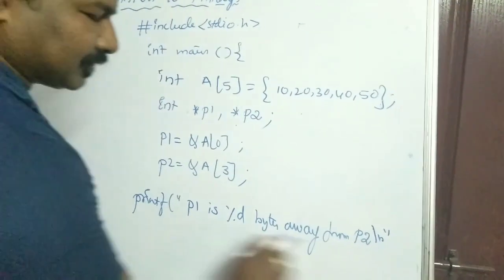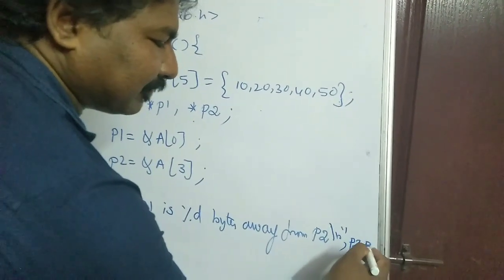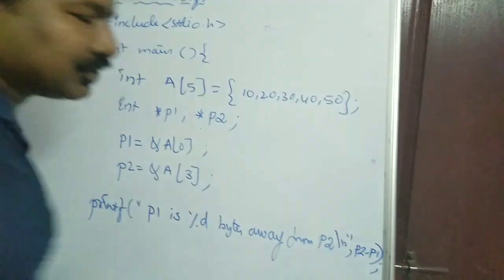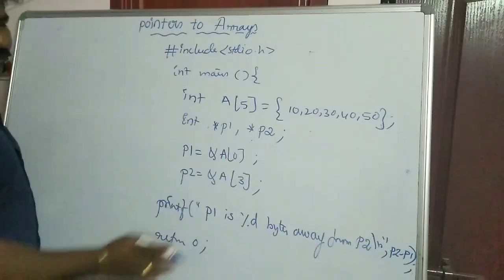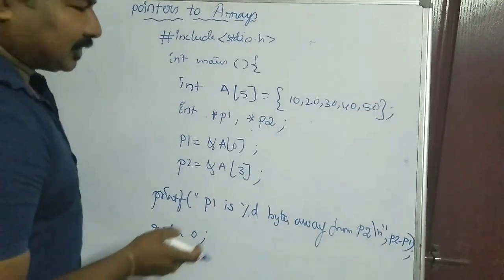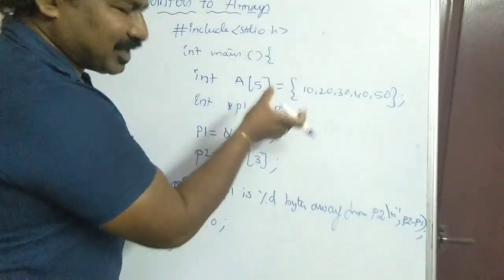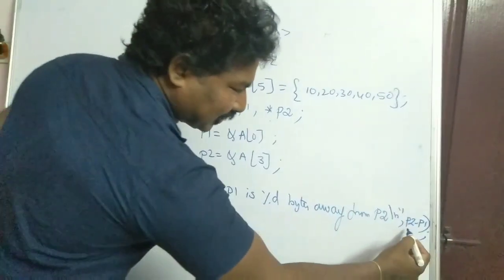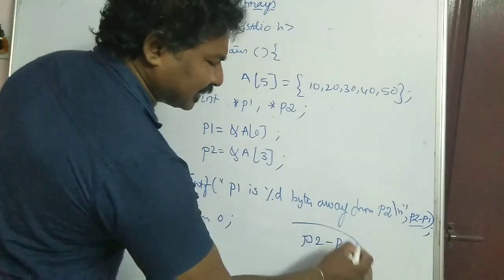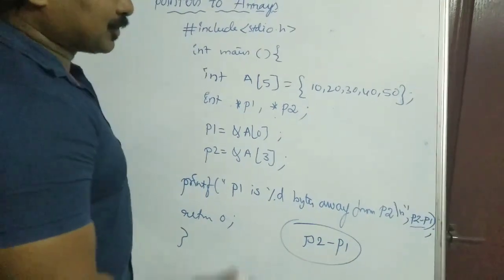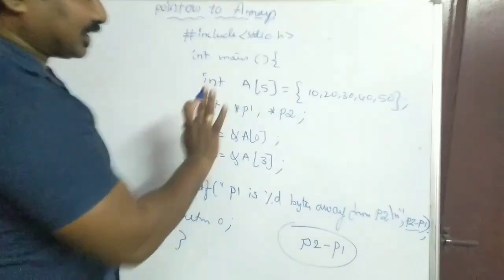I'm just doing it as p2 minus p1, and return 0. So this is a small program friends where I have declared 2 pointers and I have taken an array and both the pointers are pointed to the same array A, and I'm just performing the operation. Just see this, that is p2 minus p1, that means we are subtracting 2 pointers. So I want to show you that you can subtract 2 pointers provided that 2 pointers point to the same array. Okay, so I'll show you with a figure.